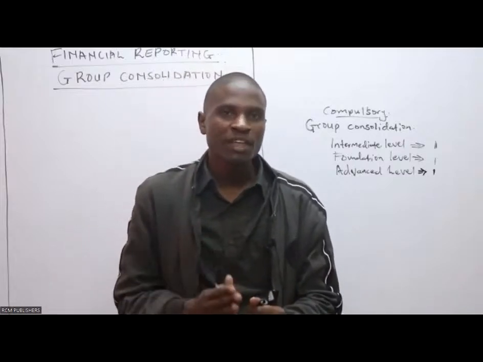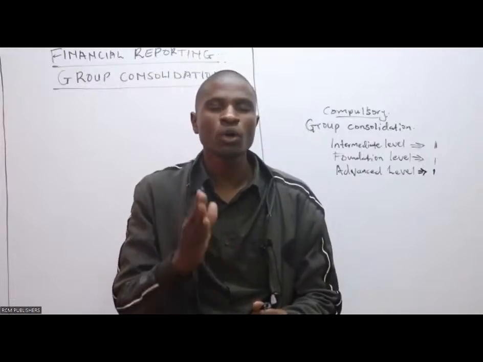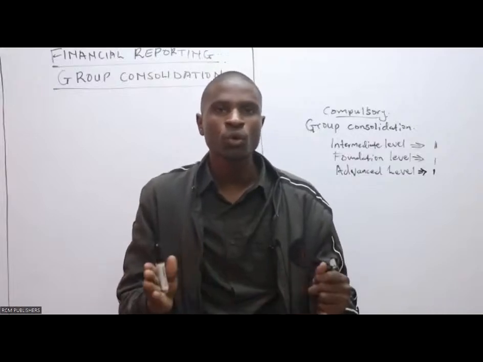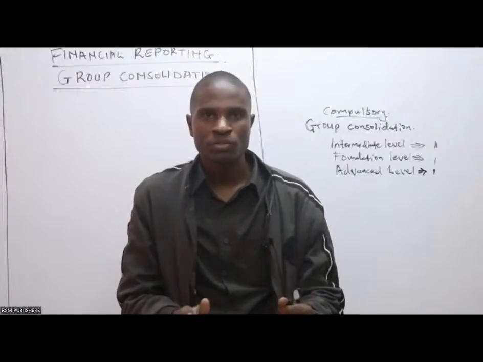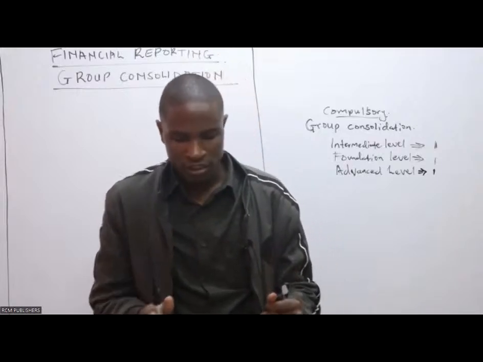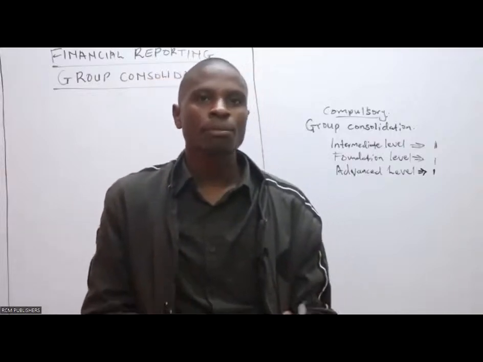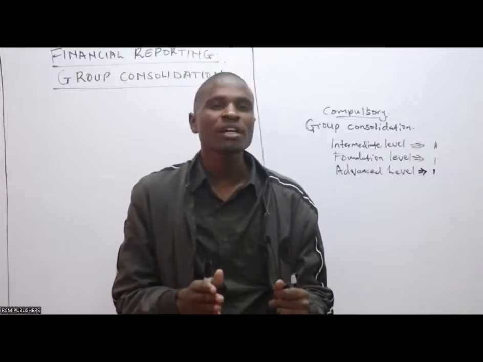So we are saying that group consolidation simply means to bring together, be it the income statement of two companies, or the statement of financial position of 2 or 3 companies, depending on the position of that company.